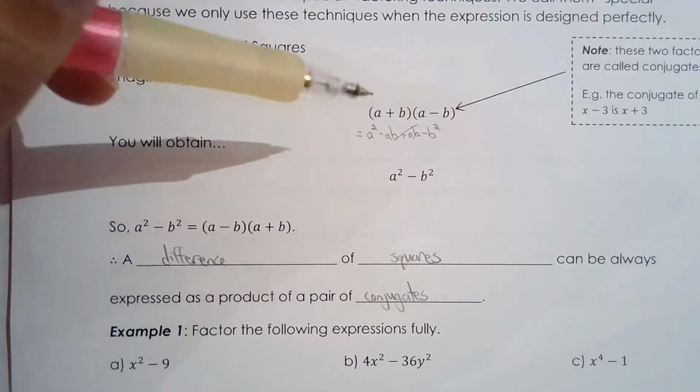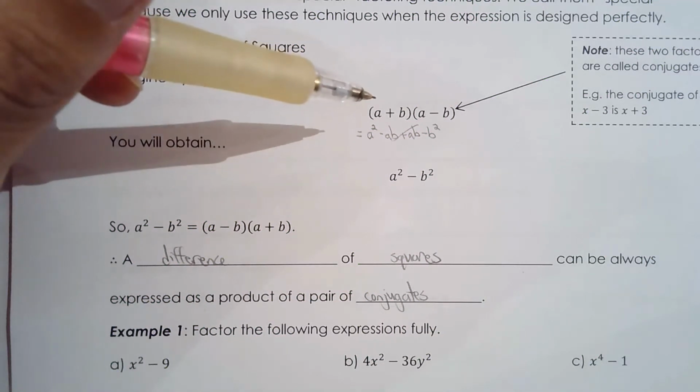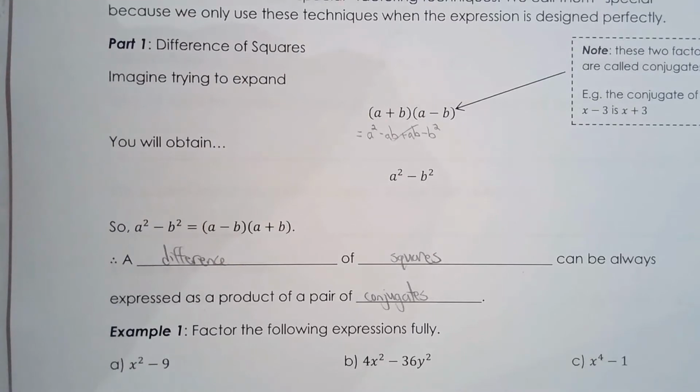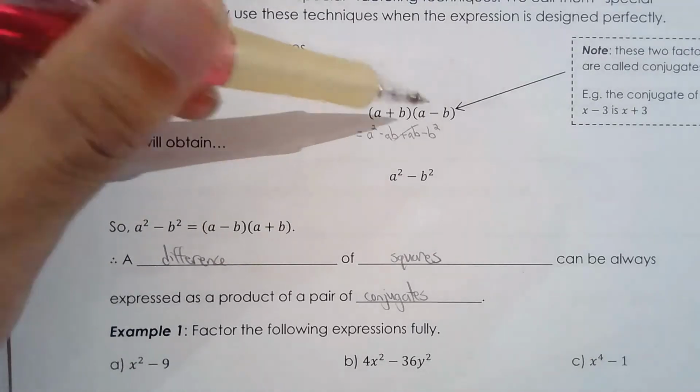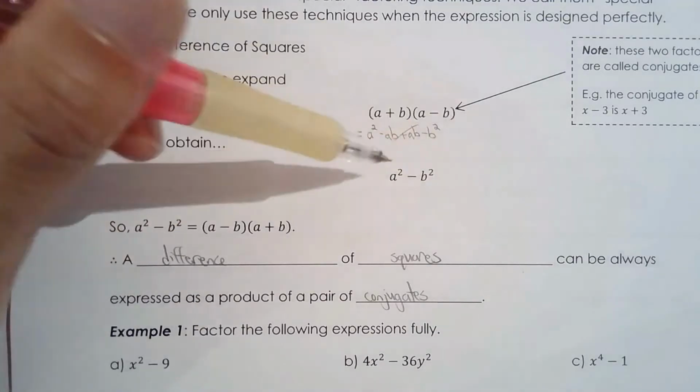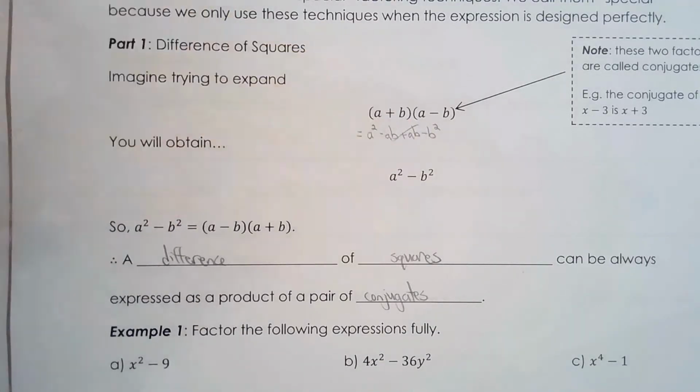When you multiply a binomial by another binomial and you get a binomial, then it has to be a difference of squares. Because usually when you multiply binomial by binomial, you get a trinomial. So the only way to get a binomial is if you have a difference of squares. And that's what makes the expression very special.